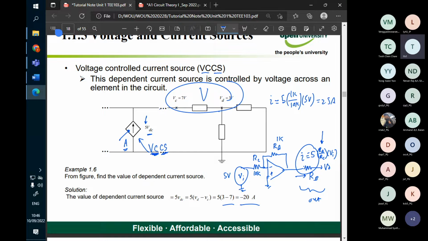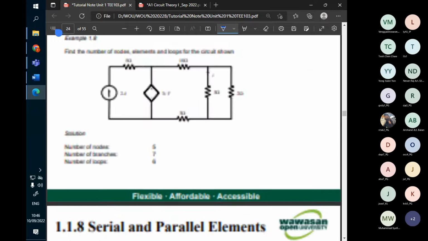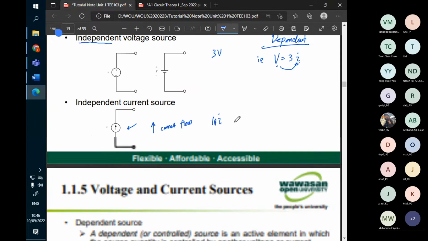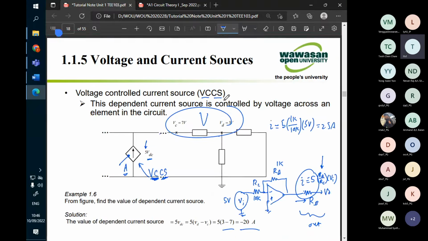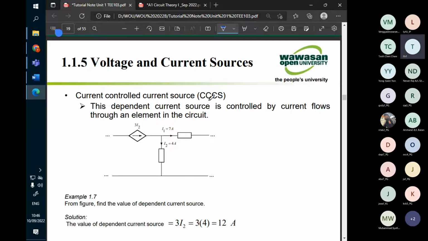Okay, the last one is what? We almost run out of time, so we need to move a bit faster. The last one is a current control current source.